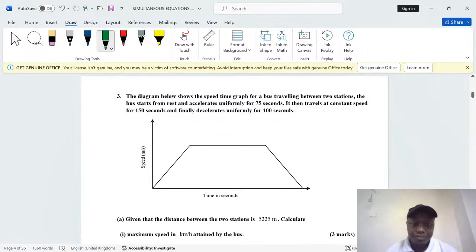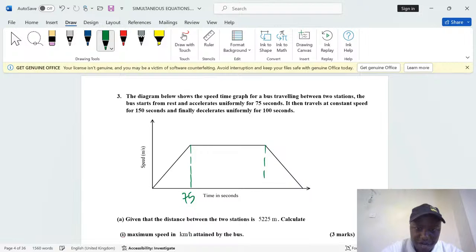Now we are talking of number 3. The diagram below shows the speed-time graph for a bus traveling between 2 stations. The bus starts from rest and accelerates uniformly for 75 seconds. So when we go to the graph now, we should know that this uniform acceleration is happening within the first 75 seconds. It then travels at constant speed for 150.